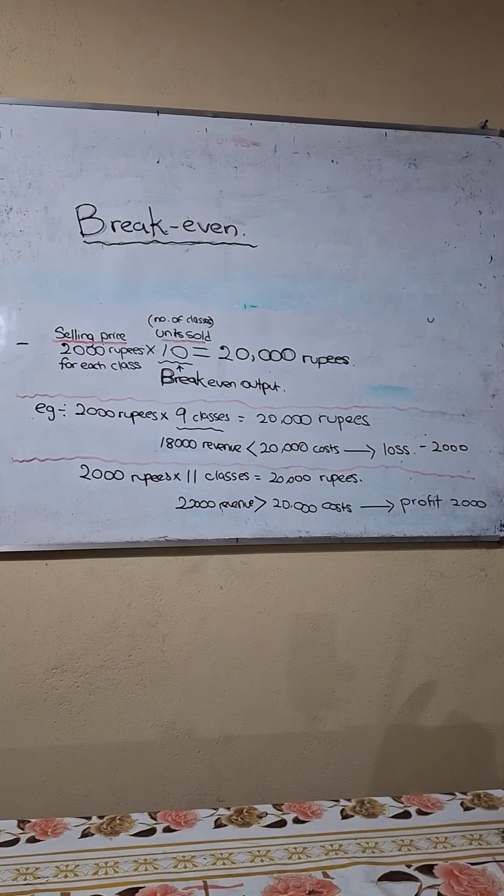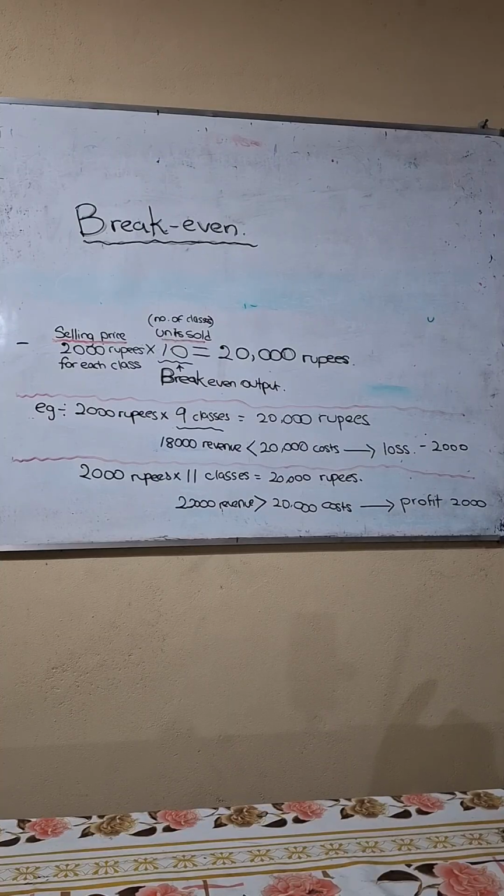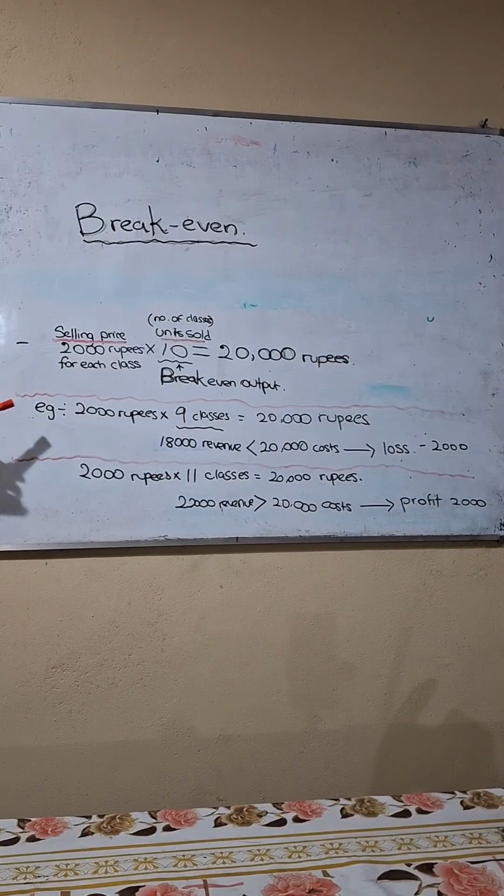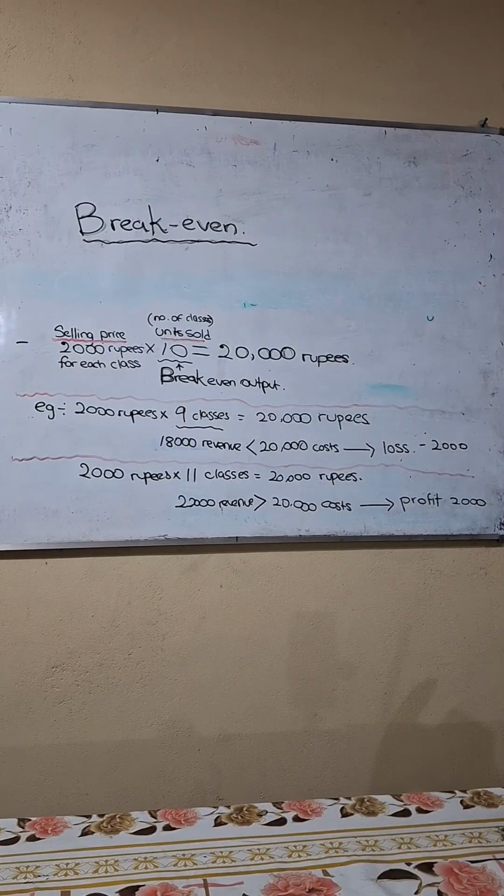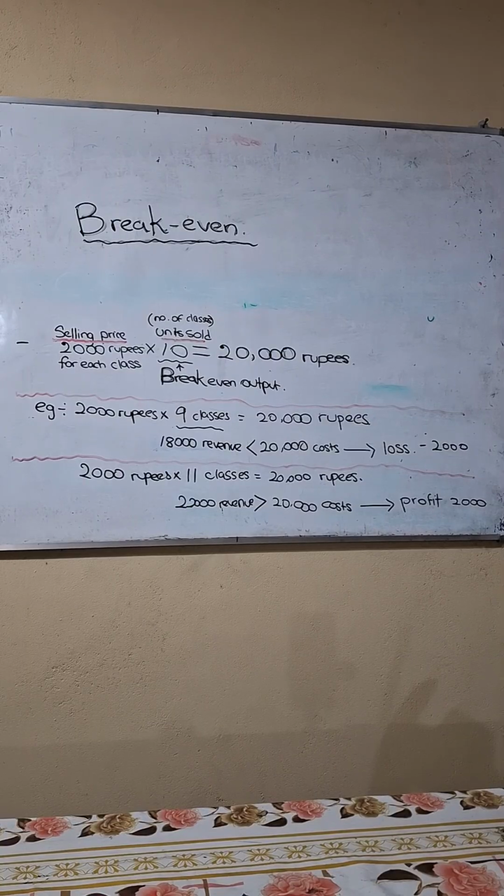Then if I conduct only 9 classes, below the break-even level of output, I will make a revenue of only 18,000, because for each class I charge 2,000, but I have bills which will cost me around 20,000.